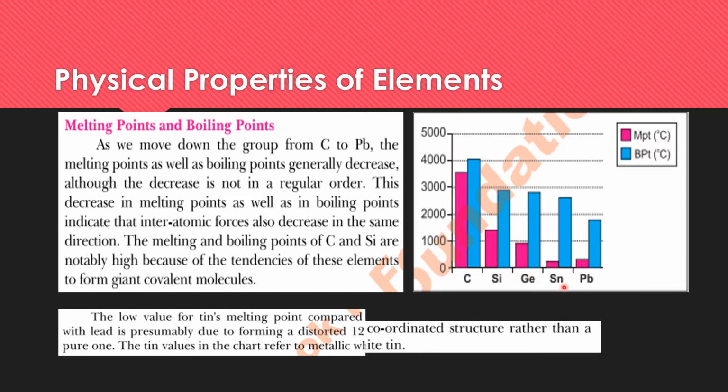But in case of tin, this 12 coordinated structure is distorted, while lead has the proper 12 coordinated structure. That is the reason tin has less melting point as compared to lead.